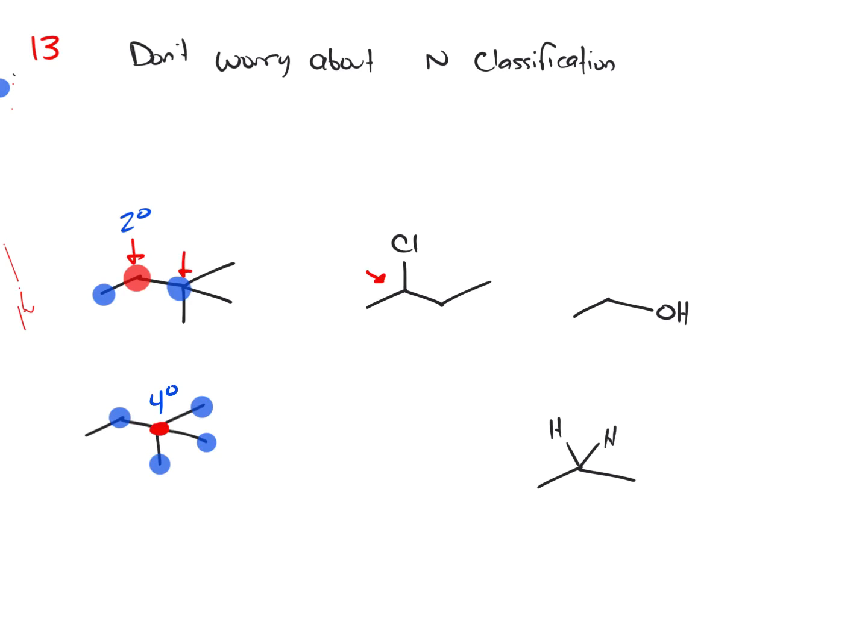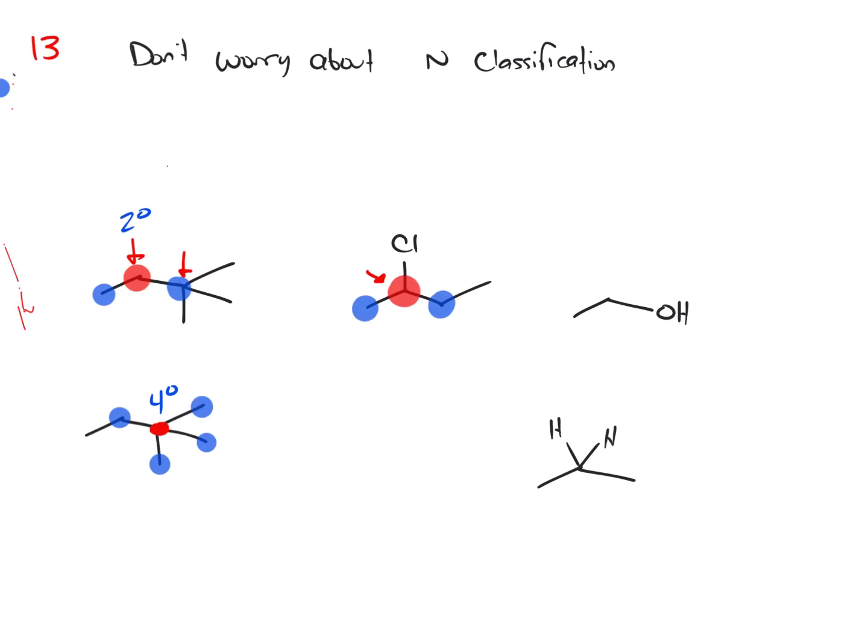Okay, now we started talking about functional groups. It's really nothing new. We'll classify this as, you might call it a chloride instead of a carbon, but look at the carbon. How many carbons are attached to that? 2. Don't let the chlorine throw you off.